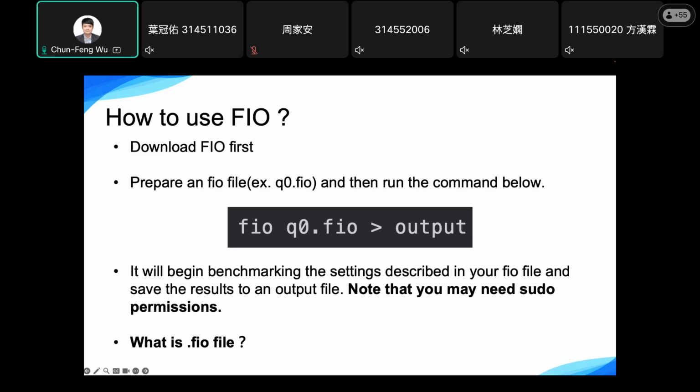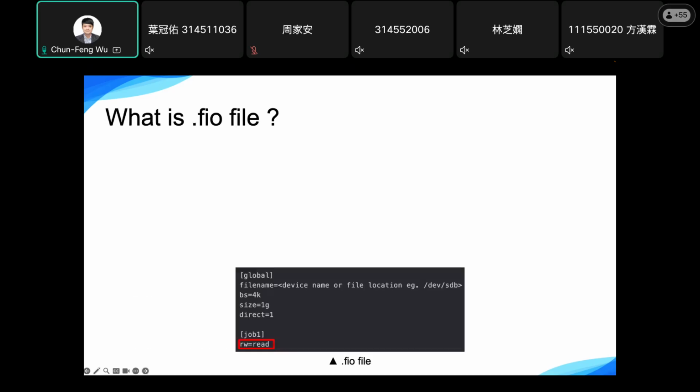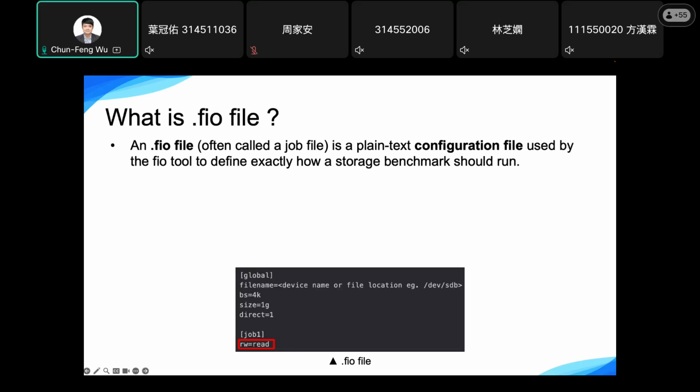So what is an FIO file? The FIO file is something like the picture I show below. The FIO file is a job file, a plain text configuration file used by the FIO tool to define exactly how a storage benchmark should run.